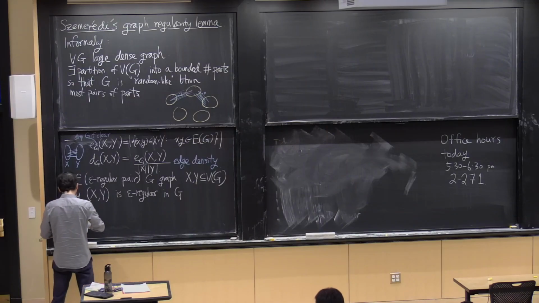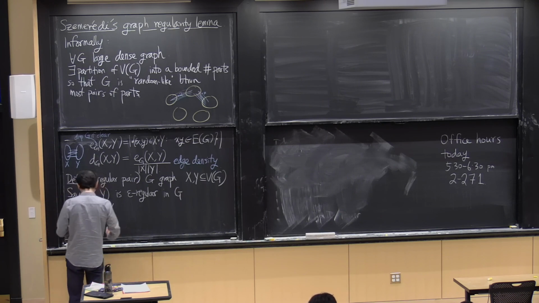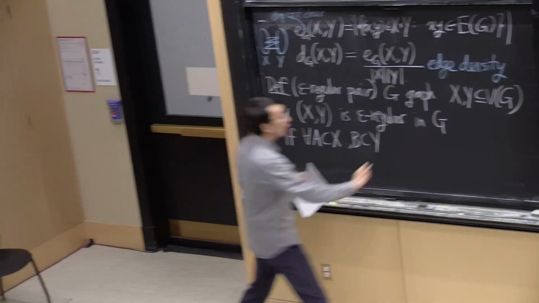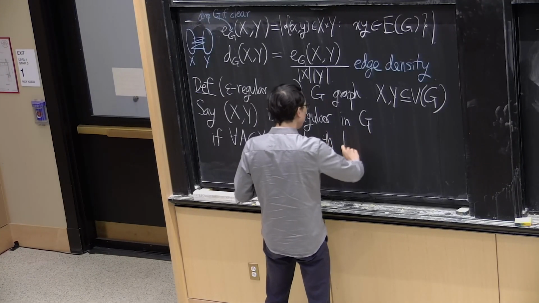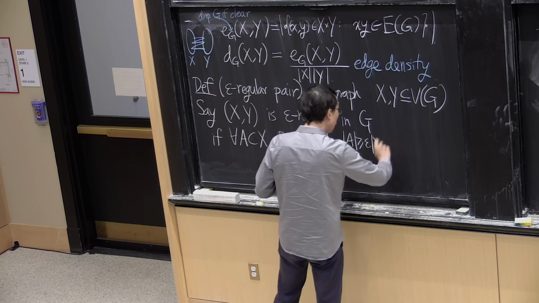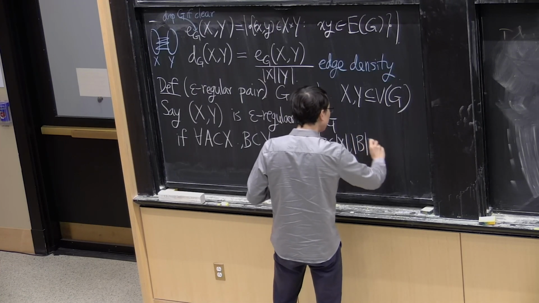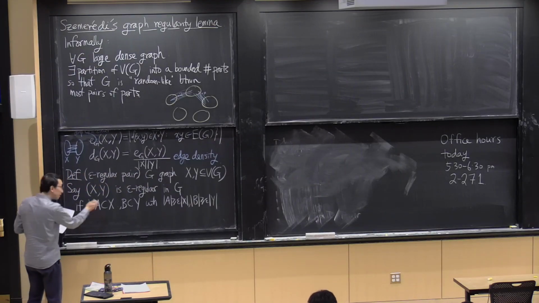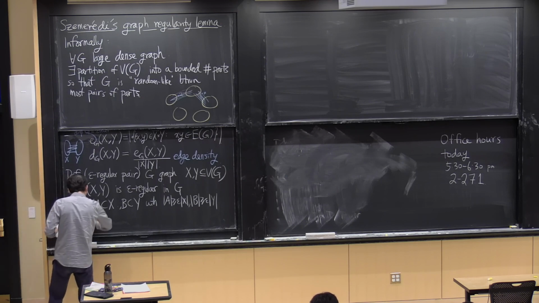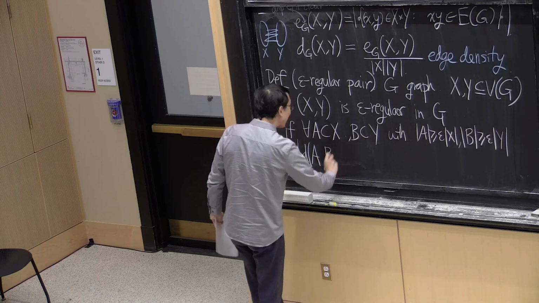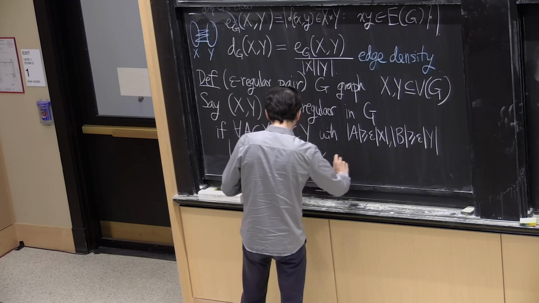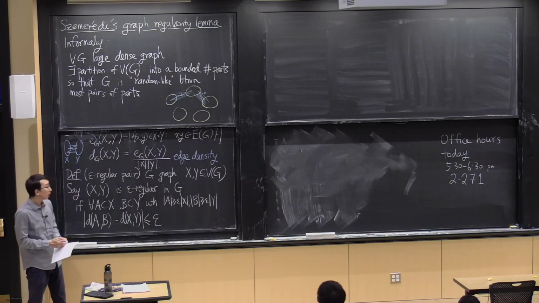So we say X and Y is epsilon regular if for all subsets A of X, all B subsets of Y that are not too small, so each at least an epsilon proportion of the sets that they live in, we find that the edge density between A and B differs from the edge density between X and Y by no more than epsilon. Let me draw you a picture.